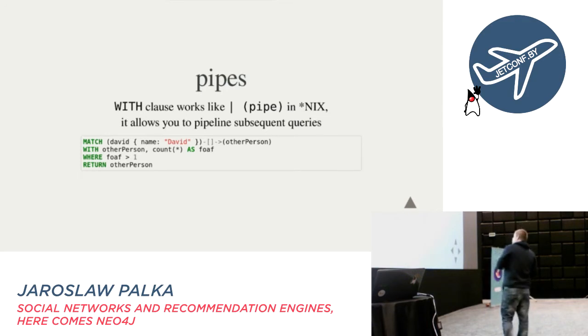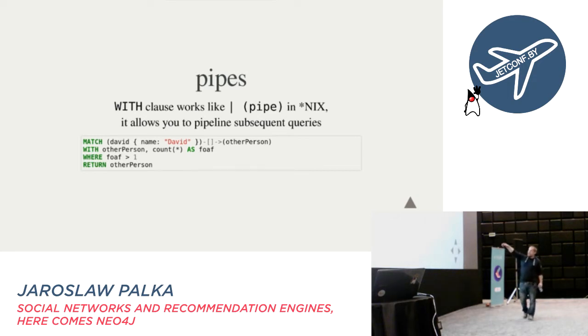Yeah. It has the WITH clause. It's pretty funny. It works like a pipe in Unix. So basically you can create a query and the results of the query are piped to the next query. So you can have pipelining like here. Find me all nodes which have property name equal to David, and they have a relationship, any relationship in outgoing direction, to any node, because you don't specify what this node is.